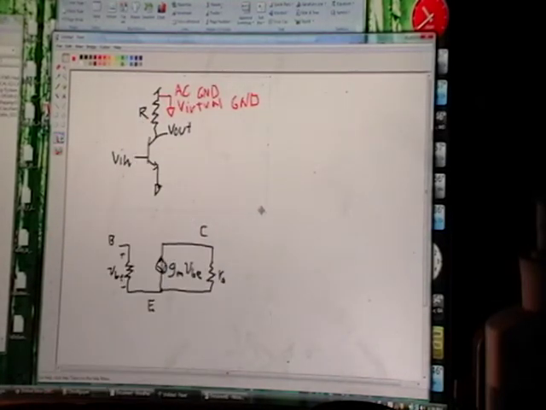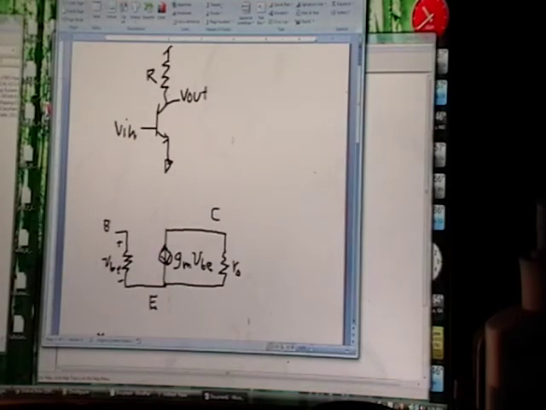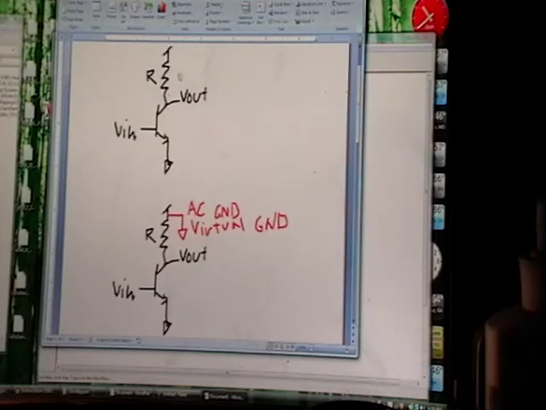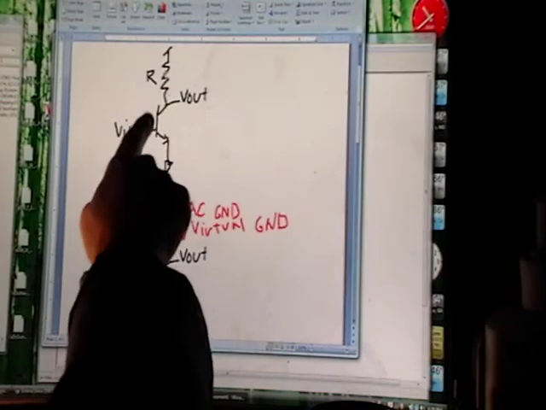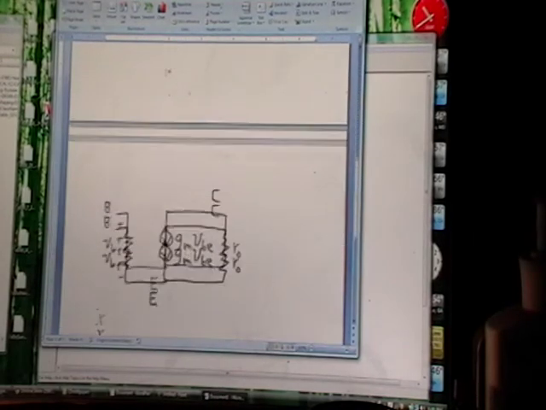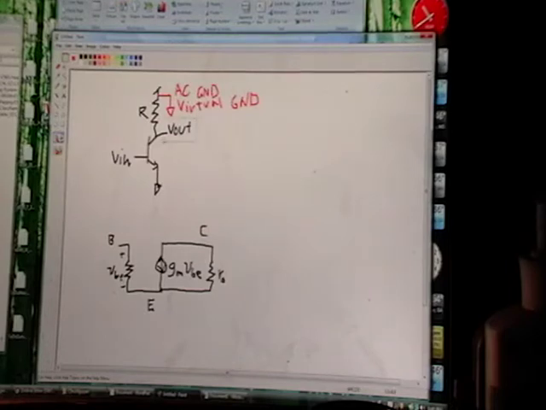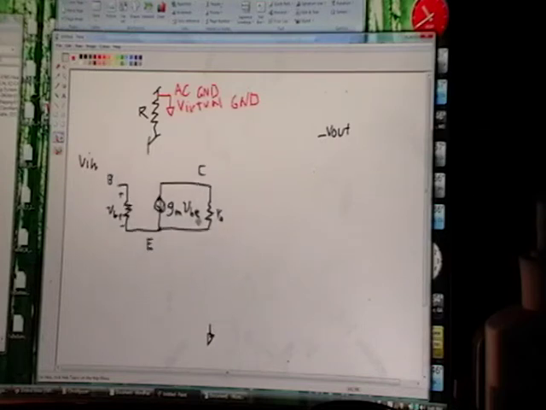To do the small signal analysis, you take this picture right here and replace the transistor with your small signal model. So let's do that. I am going to take V out and move it over here. Take V in, move it over here. Ground, we'll move it over here. Now in place of all of that, this just goes right up here.